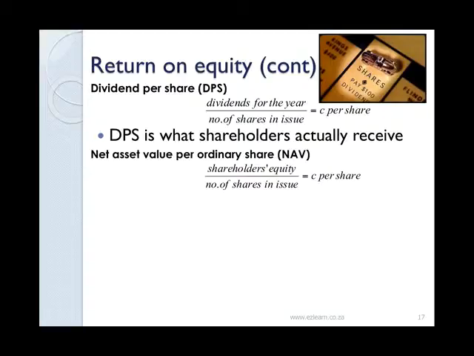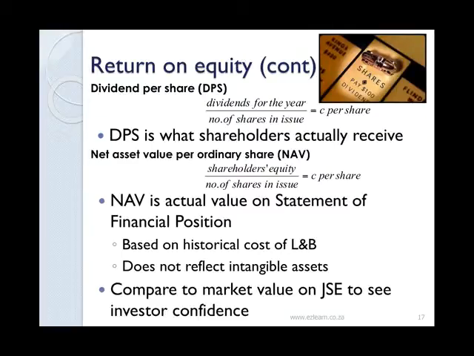Or perhaps it shows you that the business might be overvalued on the JSE. Obviously, the reverse is also true. If the statement of financial position indicates a net asset value that is higher than the price on the JSE, it indicates that the shareholders do not have much faith in the future prospects of this company.